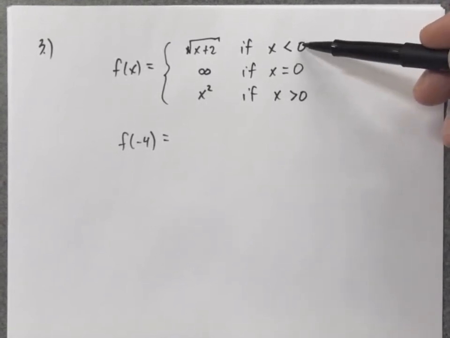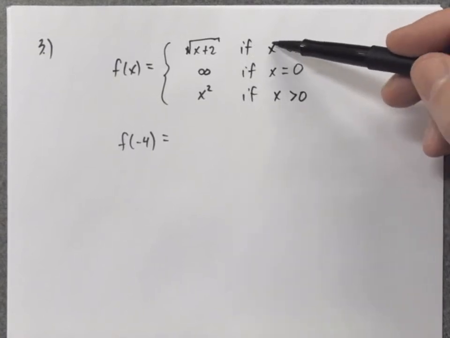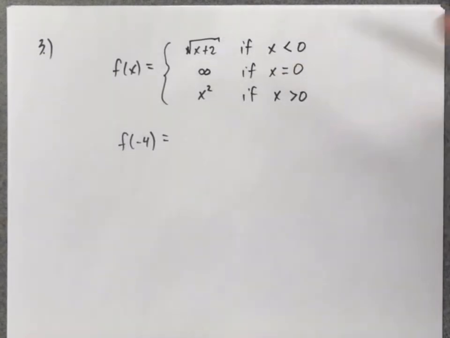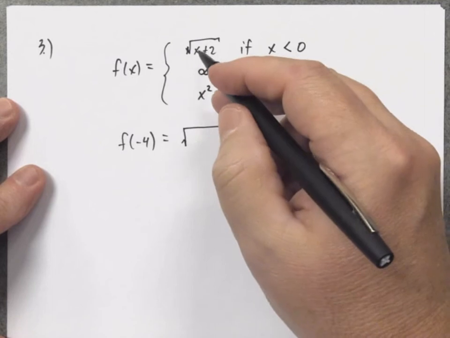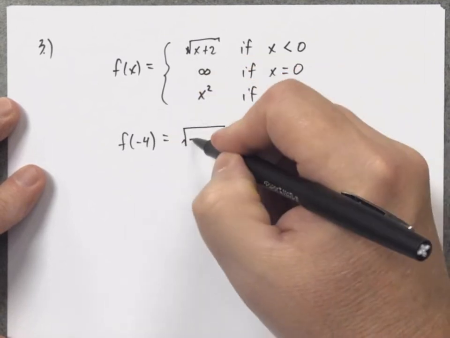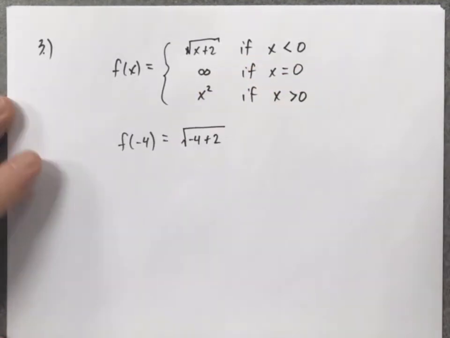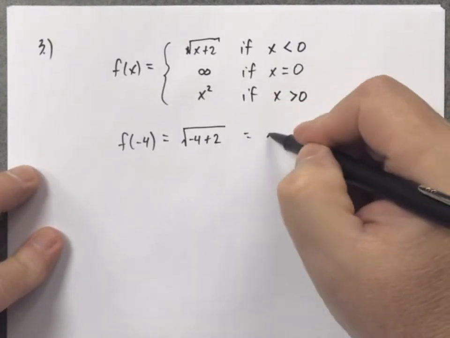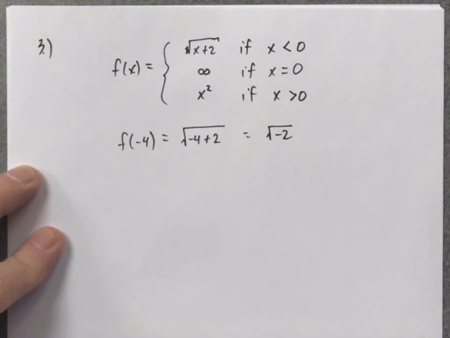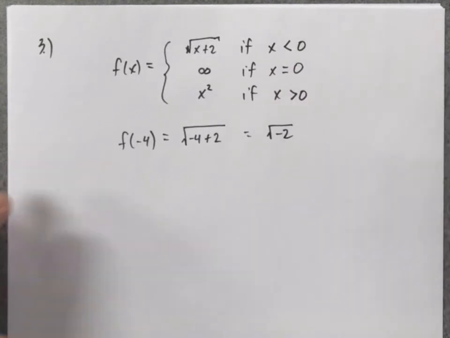Well, it's this first one, because this first function says, hey, if x is less than 0, this is the function we're going to use. So therefore, f of negative 4, now every place I have an x, I replace it with negative 4. So f of negative 4 is the square root of negative 4 plus 2, which is the square root of negative 2. Now, hopefully you remember in math, what happens when you try and take the square root of a negative number?